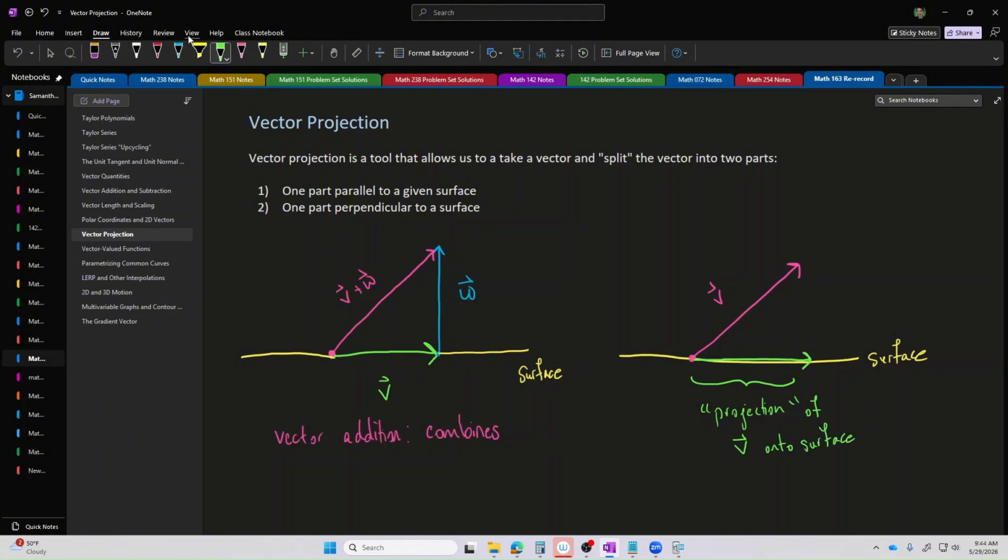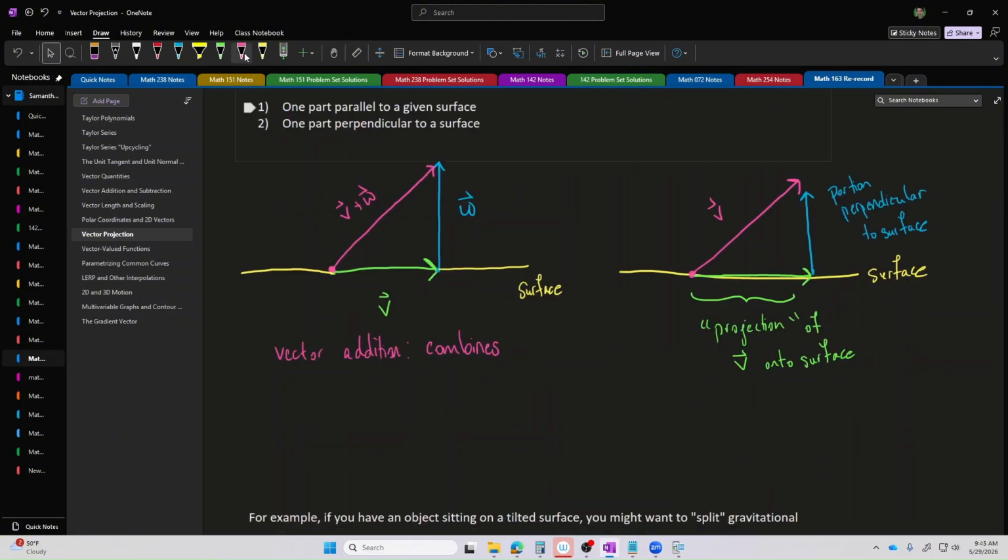And then we're going to have this sort of leftover extra part, which is perpendicular to the surface. Taking a vector and splitting it into parts as opposed to taking two vectors and combining them into a single result.